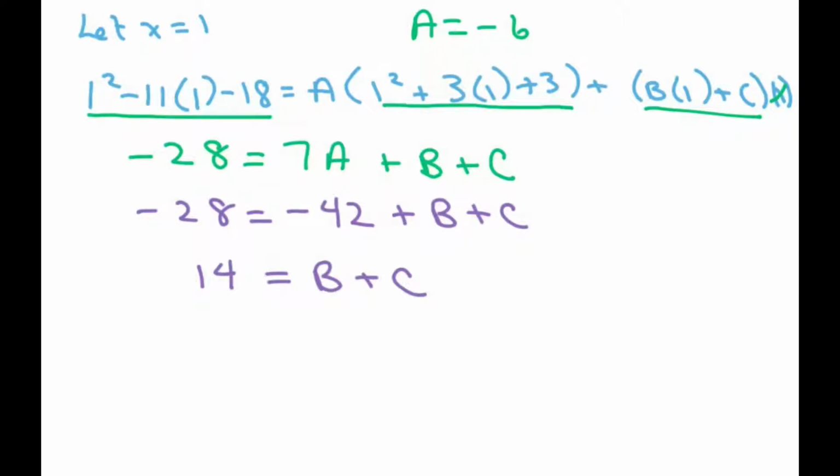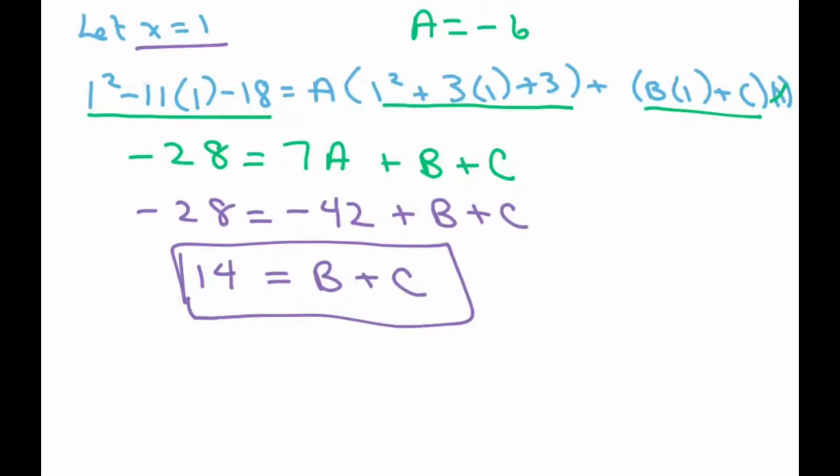So on the next slide, I'm going to let x equal negative 1, and I'm going to use this equation and do the process of elimination to get my B and C. So let's try x equals negative 1, and then plug that in.